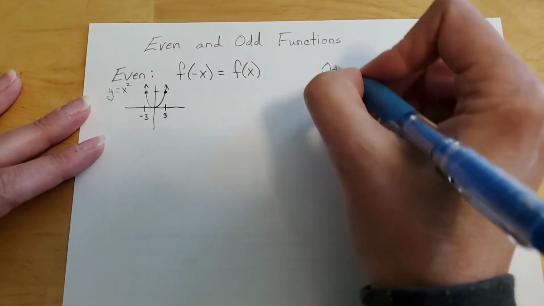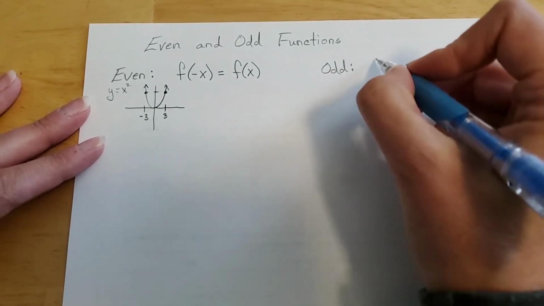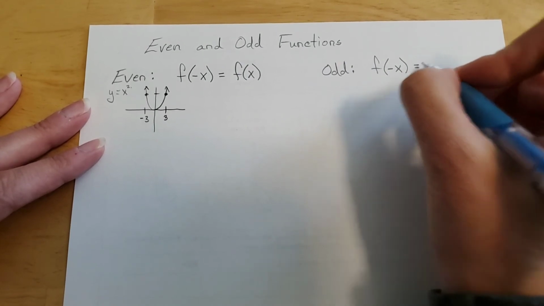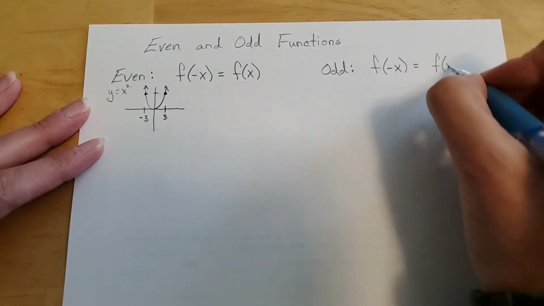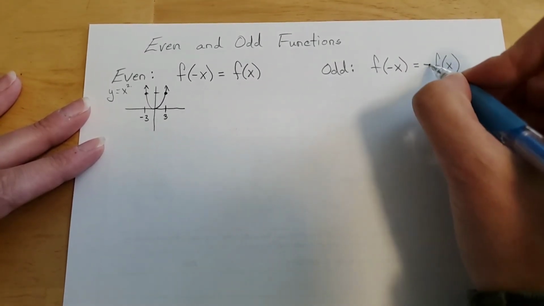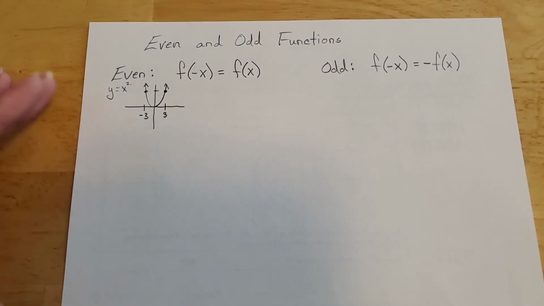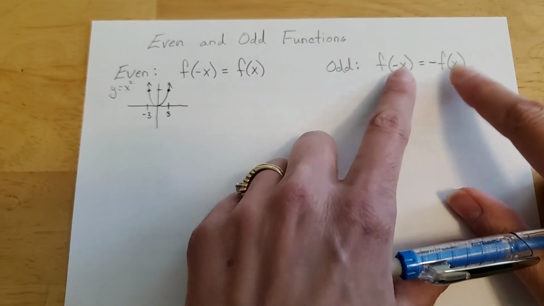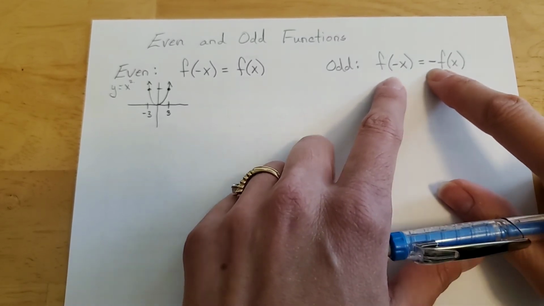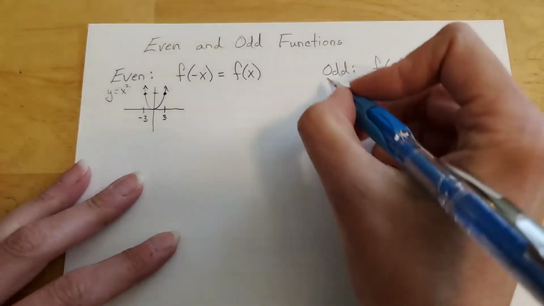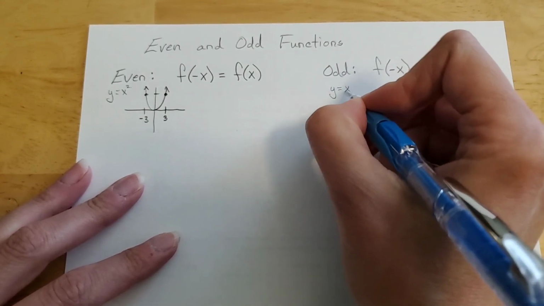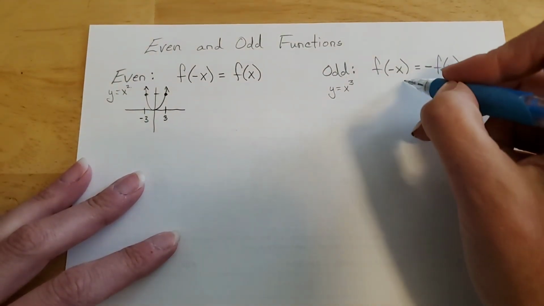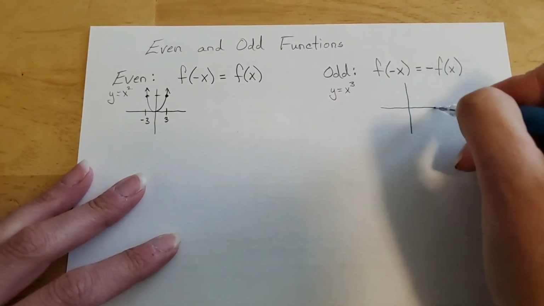An odd function, if you recall, means if you put in opposite inputs, you get opposite outputs. So you're putting in x and the opposite of x, and the outputs are the opposite. And the easiest example of that is the power of 3, x to the third, since 3 is odd. That's how I remember that.